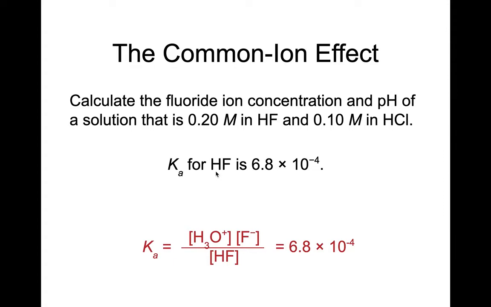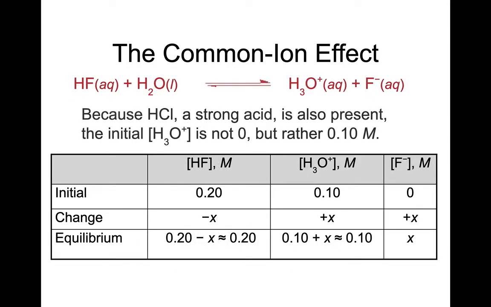Let's make an ICE table to show this information. So the hydrochloric acid is completely dissociating. We don't need to write an equilibrium for it. The hydrofluoric acid is going to be in equilibrium with the hydronium ion and its conjugate base. So when we fill in our initial conditions, we know how much hydrofluoric acid that we're adding, 0.2 moles per liter.